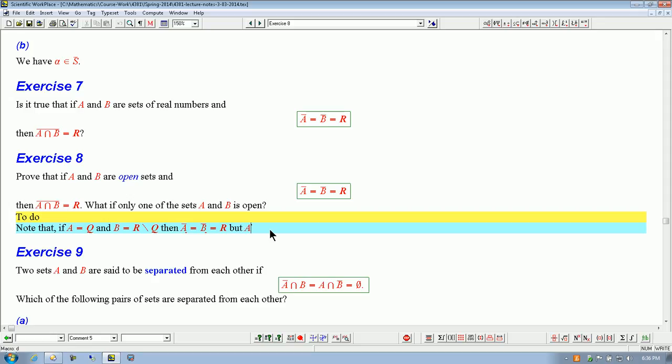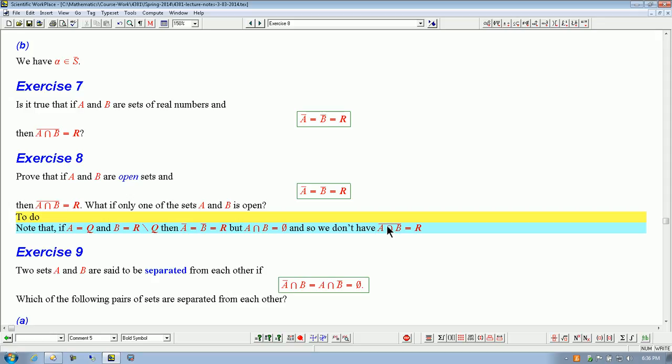And I want to point out, if you take the intersection of A with B, in this case you get the empty set. If you intersect the set of rationals and the set of irrationals, you will get the empty set. And so we definitely don't have this. Can't have that, because not only is A intersection B not big enough that every number should be close to it, nothing's close to it.